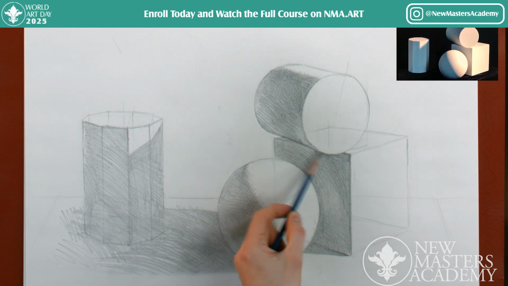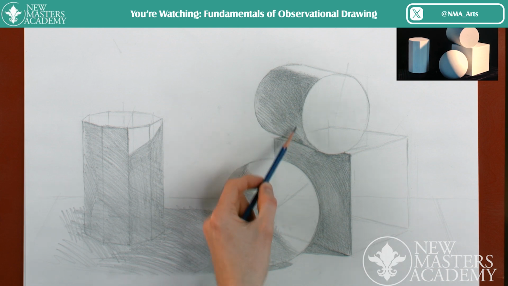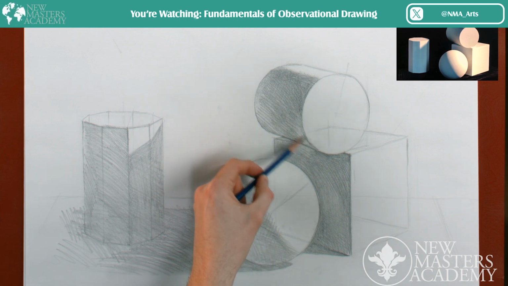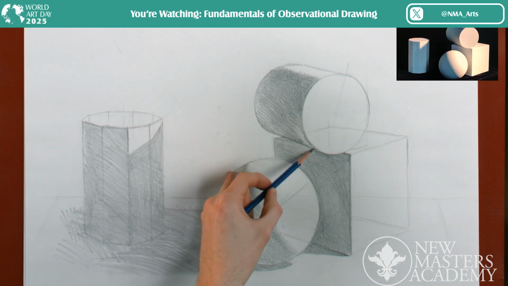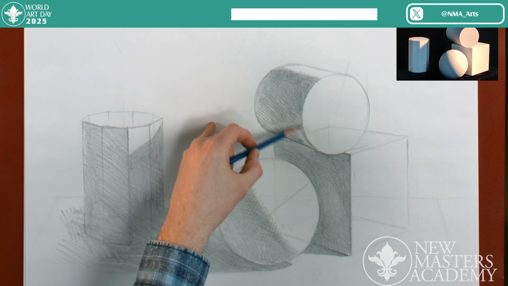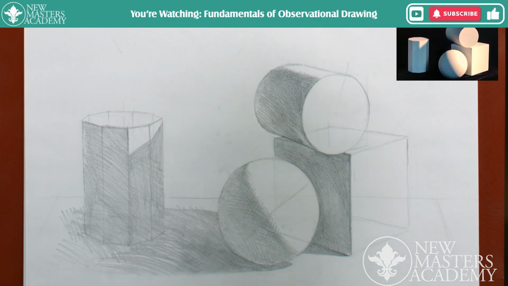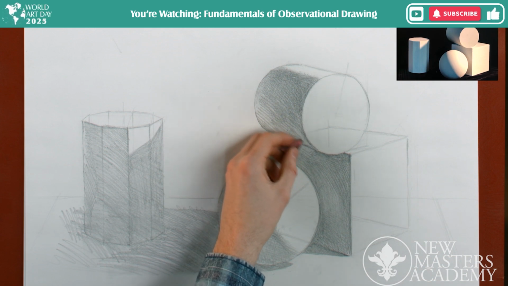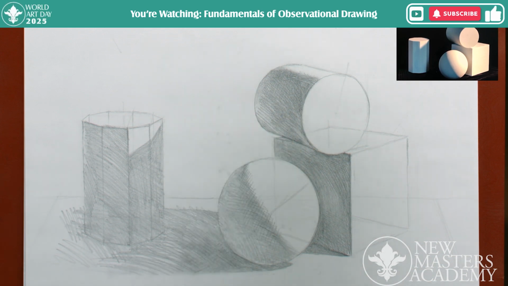Here, and here, once again, I'm just going to sort of work off of that edge, our terminator, and this right now is clearly reading like a reflected light, and yet it's still part of our shadows.